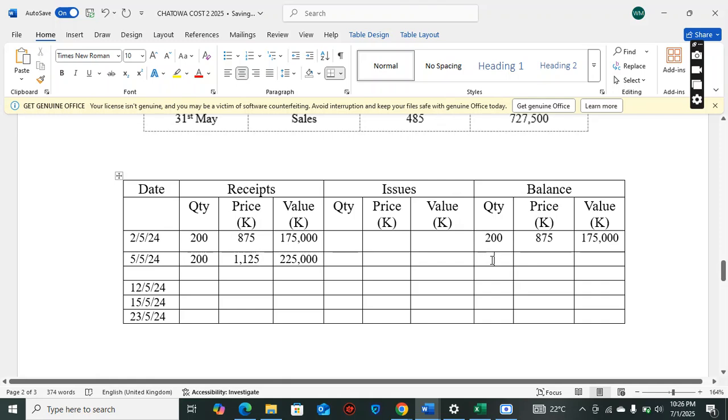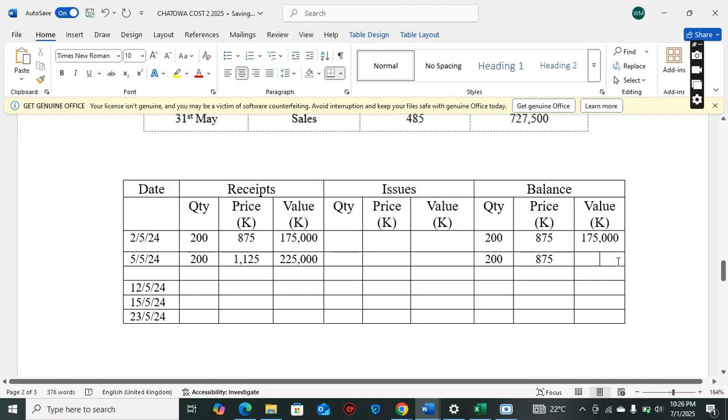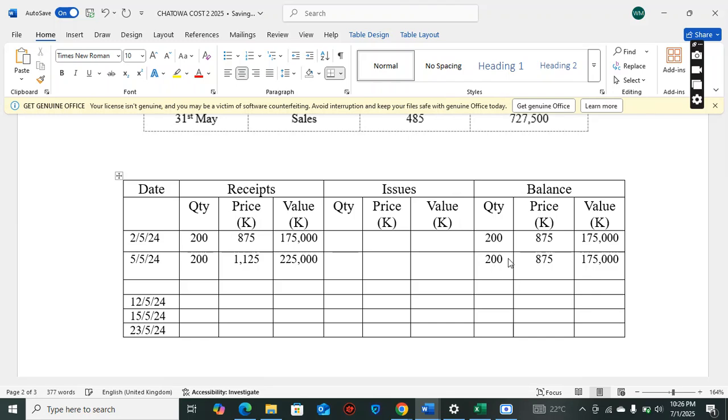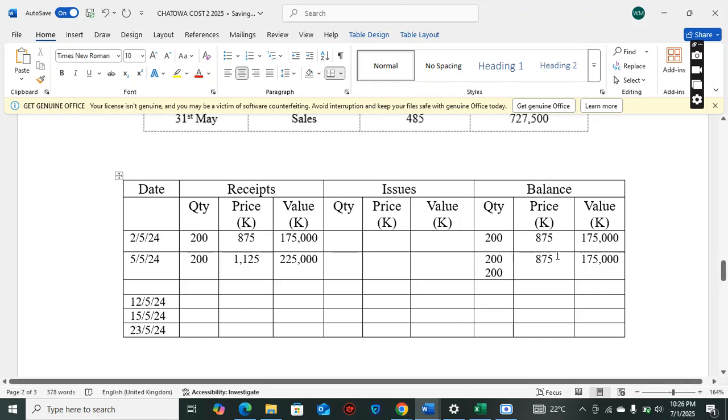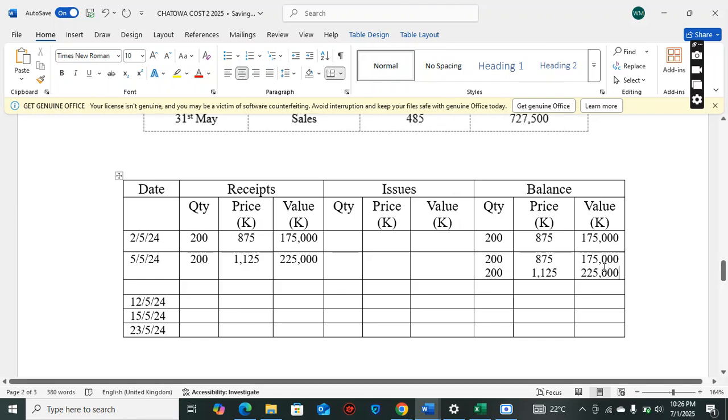Okay. So remember here we're using the average costing method. First, we initially had these 200 solar panels valued at 175,000. We brought in another 200 solar panels valued at 1,125 each. So I want to tabulate the average cost of these solar panels.